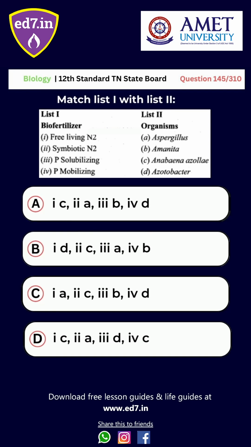Organisms: A. Aspergillus, B. Amanita, C. Anabaena azollae, D. Azotobacter. Options are: option A, 1C, 2A, 3B, 4D. B, 1D, 2C, 3A, 4B.